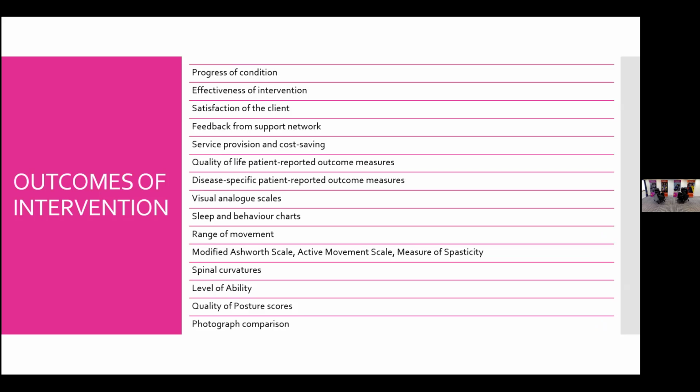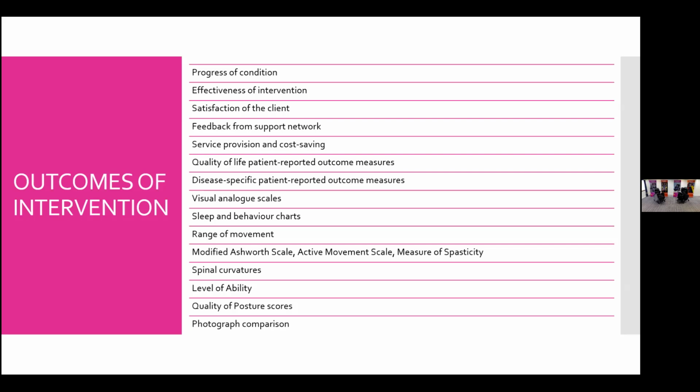Some outcomes that can be used alongside the care plan. So this is really about the individual or the support network continuing to gather information, like this ongoing assessment, and we might want to put things like sleep charts, behaviour charts, visual analog scales if pain or spasticity is of concern, and really using these objective measures alongside the care plan, so that we have this baseline but also this regular review process as well.